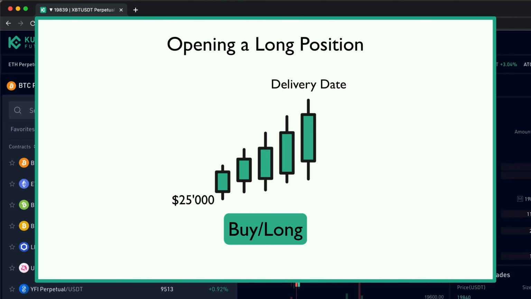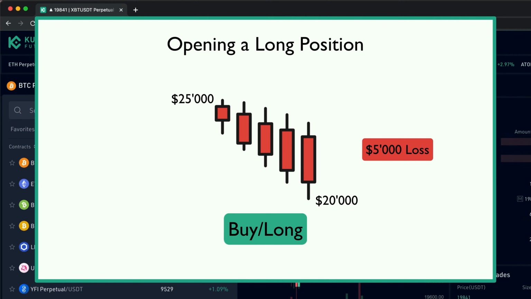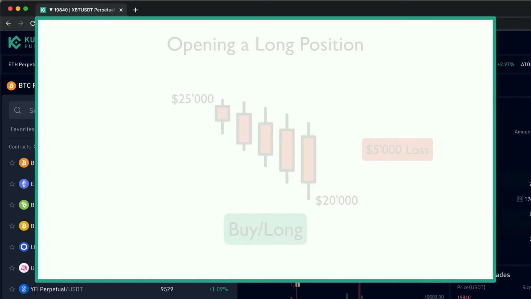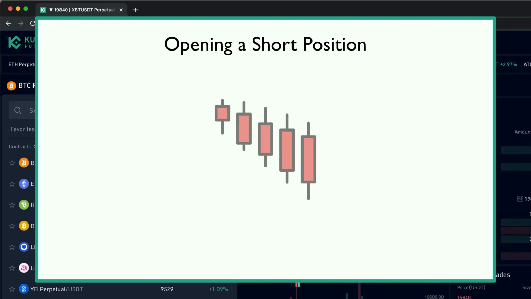If at the delivery date Bitcoin is trading at $30,000 per Bitcoin, we've made $5,000 in profit because we have locked in the price of $25,000 per Bitcoin when we entered the futures contract. On the opposite side, if at the expiry date Bitcoin is trading only at $20,000 per Bitcoin, we have lost $5,000.